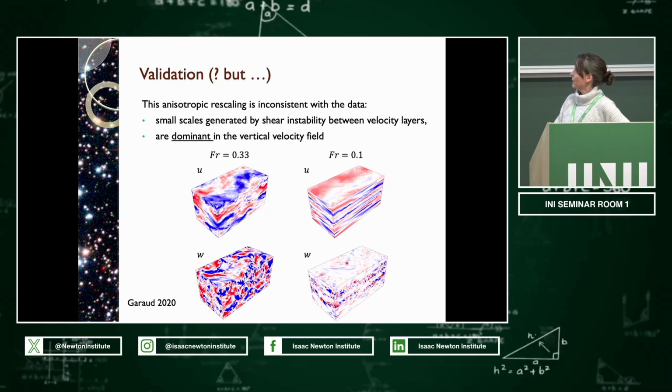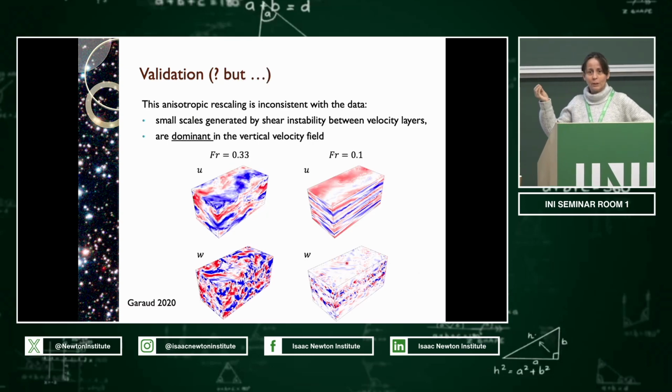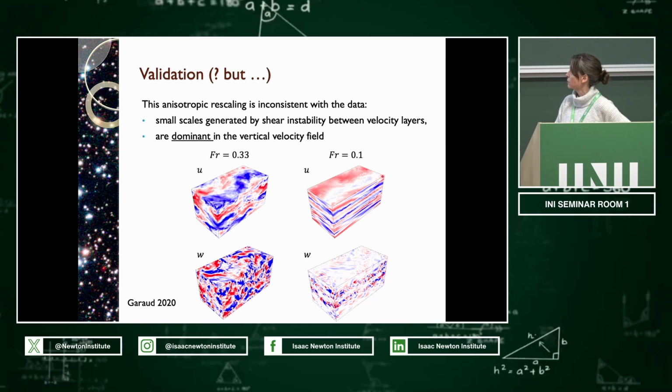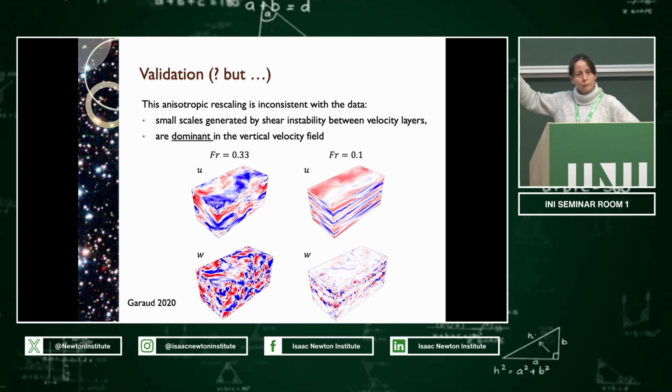The only problem is that at heart, this anisotropic rescaling, where we assume a single horizontal scale, doesn't really gel with what we see in the DNS, which is this. So these were these snapshots of simulations at different stratifications for the streamwise velocity field. And here it really does look like there's one large horizontal scale.